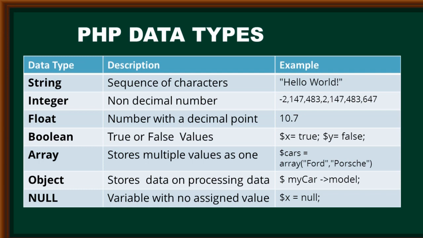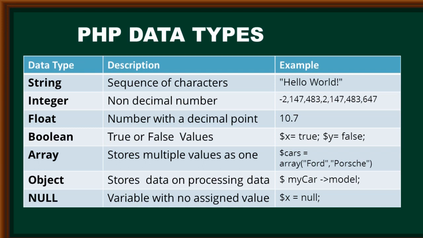Integers can be specified in three formats: decimal, which is base 10, hexadecimal, which is base 16, prefixed with 0x, or octal. The key thing to note here is that integers can be positive or negative and must have at least one digit.